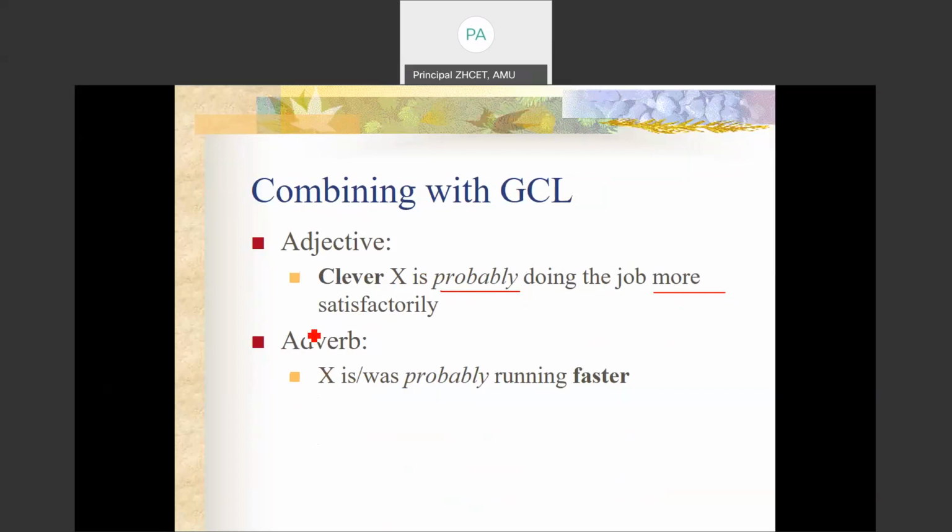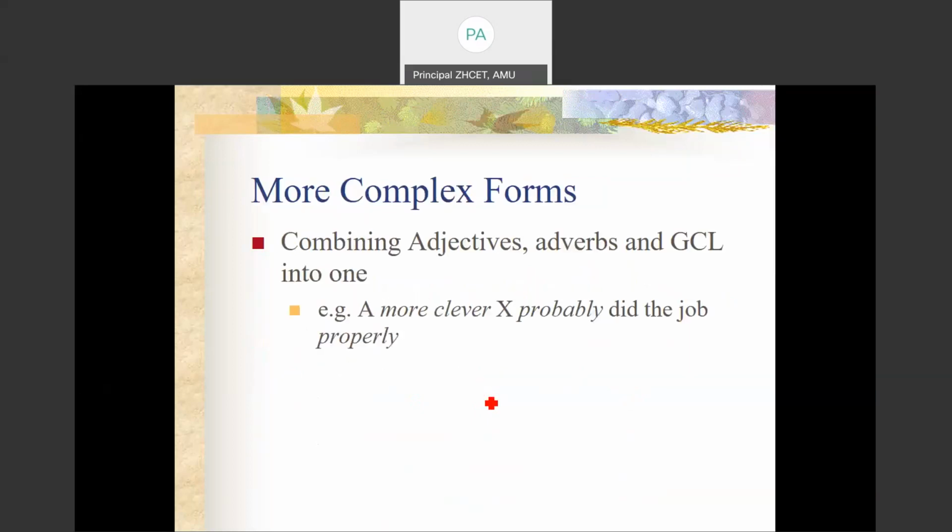Again, probably and faster, so you have combinations of them. More complex forms: a more clever X probably did the job properly, combining adjectives, adverbs, and GCL into one. A more clever X, you see, probably, your R, small r, did the job properly. What is properly, right?